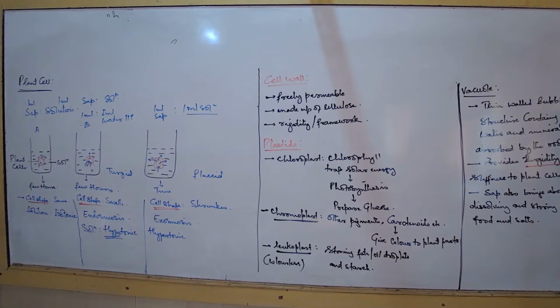So which student will have the raisins mostly swollen? Now, first of all they are only talking about the time period. Maximum is B and minimum is A.